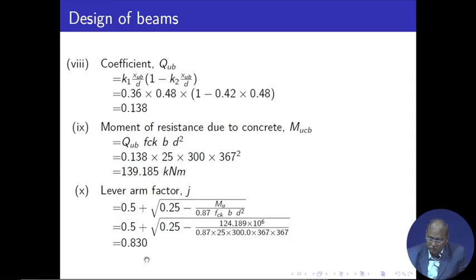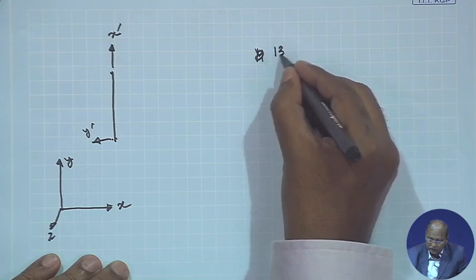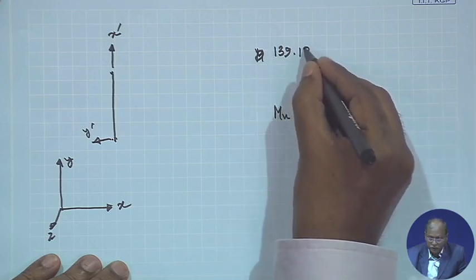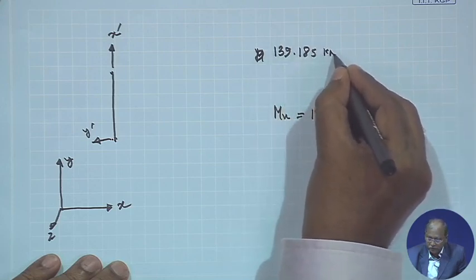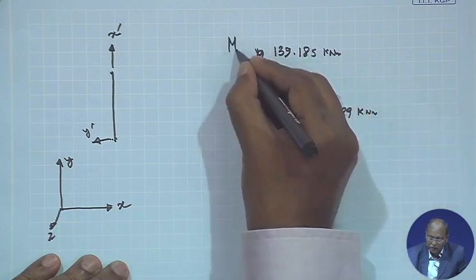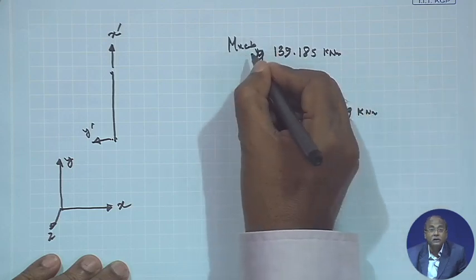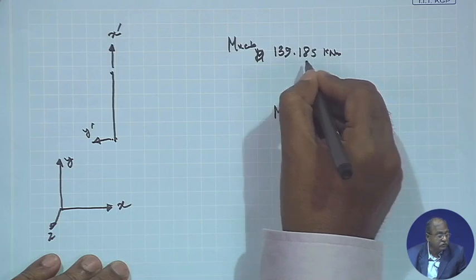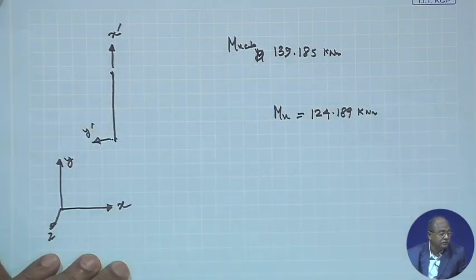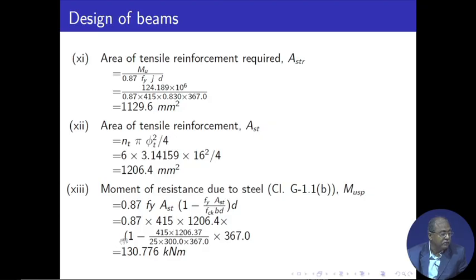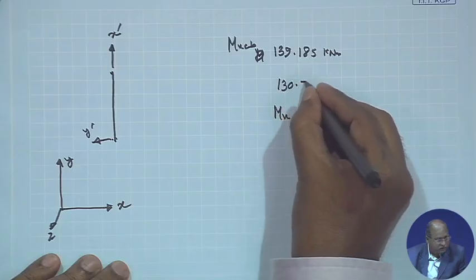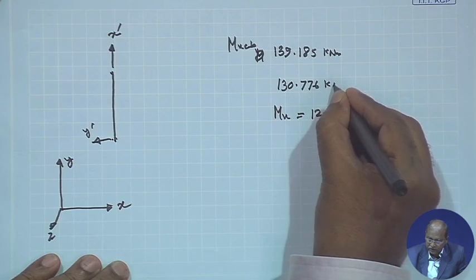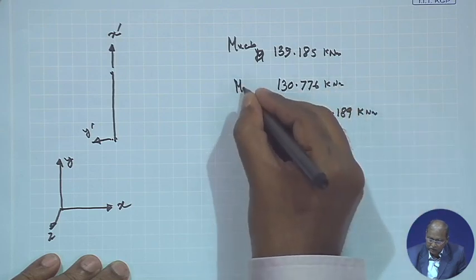We have got 139.185 kilonewton meter due to Mu CB, I mean to say for the balanced case we have got that particular value, and then we have got 130.776 kilonewton meter, that is due to Mu SP.